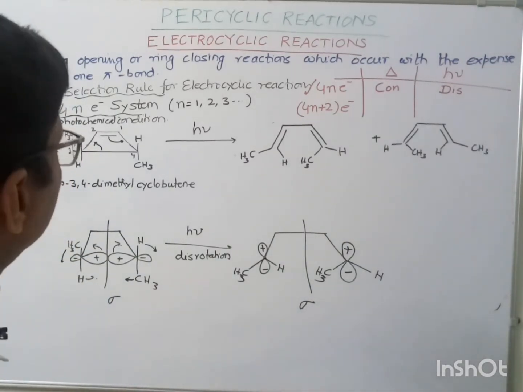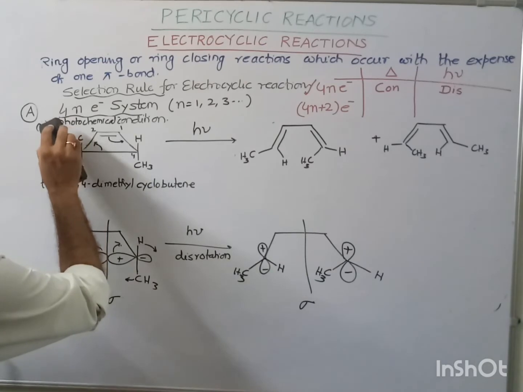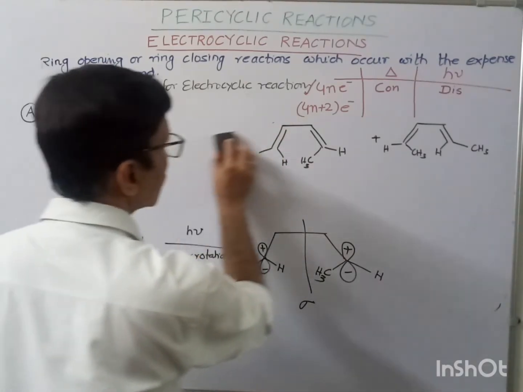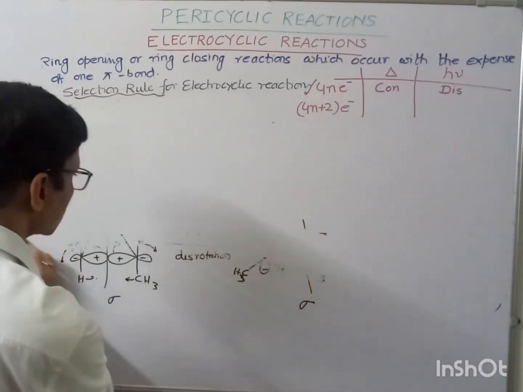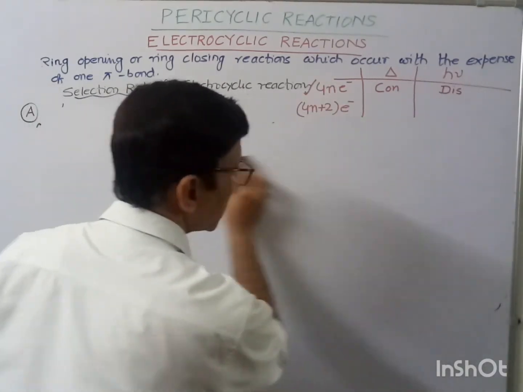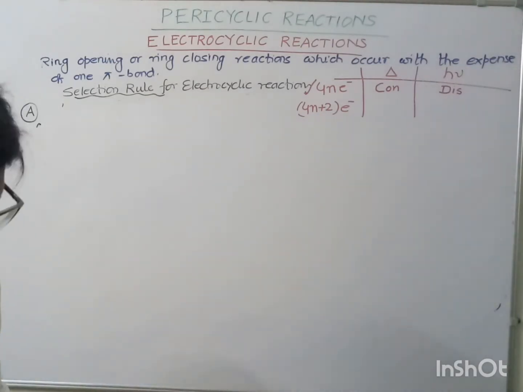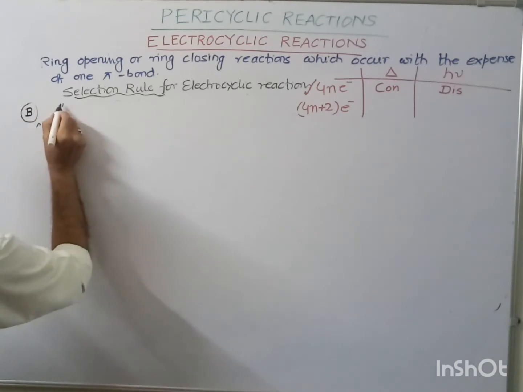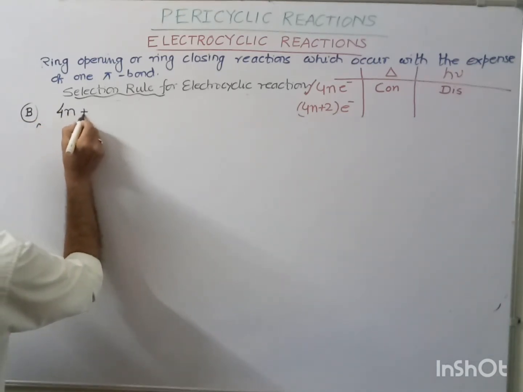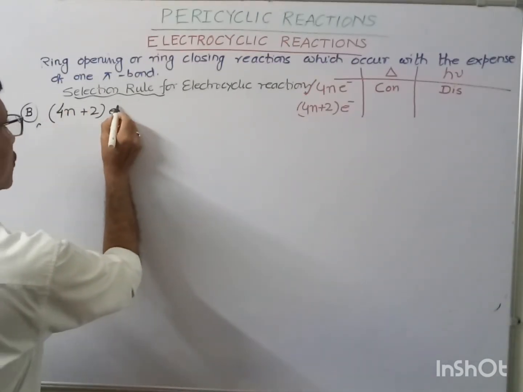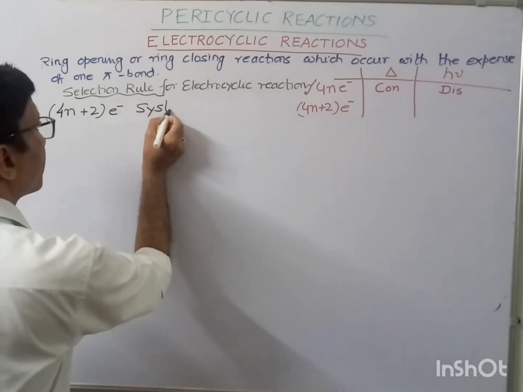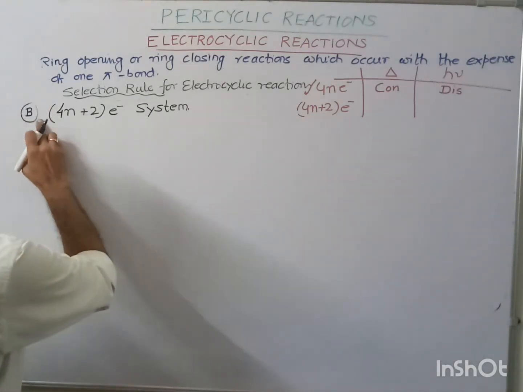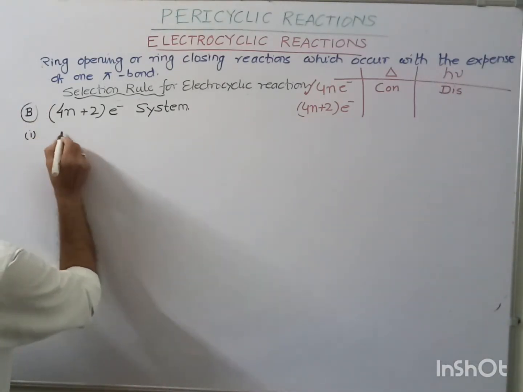Now let me explain the 4n plus 2 electron system. I will now discuss the 4n plus 2 electron system, part B. First we will see it under thermal condition.